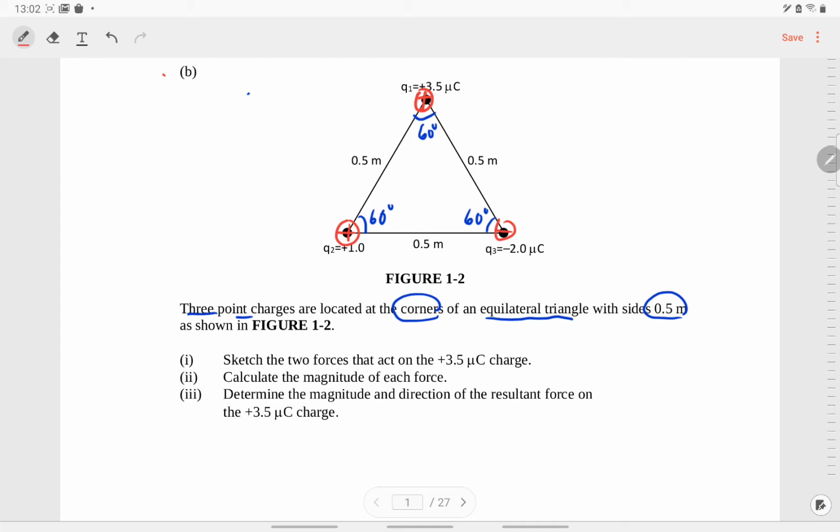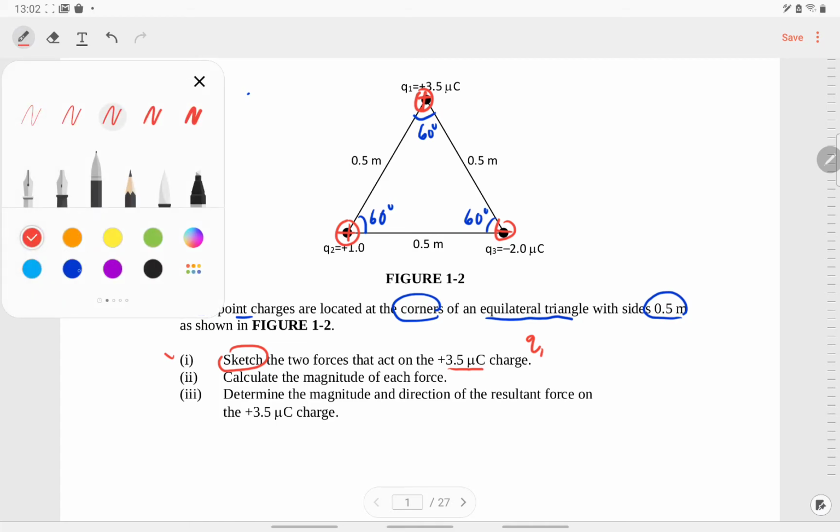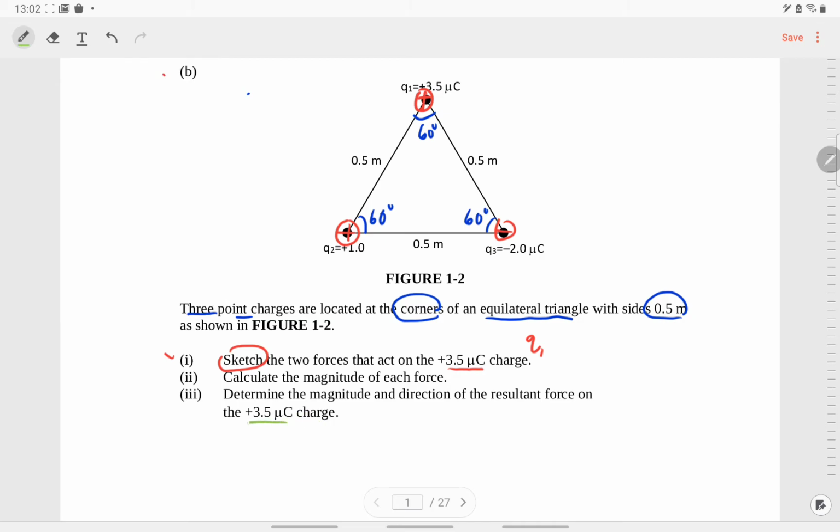Soalan nombor 1 adalah disuruh sketch the two forces that act on positive 3.5 microcoulomb charge. Itu adalah kita punya value of Q1. So kita dah tahu dia nak focus on Q1 sebenarnya.